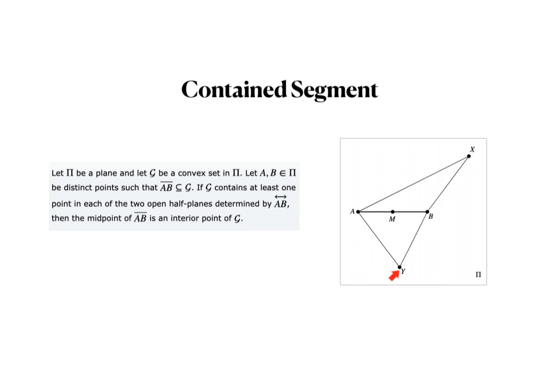So if G contains Y and it also contains X, ones on each side of my open half planes, then the midpoint of AB here is in the interior of G.